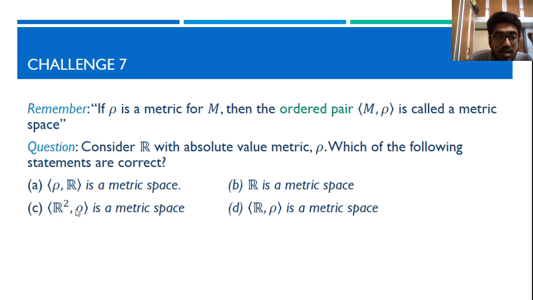So rho cannot be a metric on R square, the plane. That's why option C is not correct. M comma rho is a metric space only if rho is a metric on M. For rho to be a metric on M, the domain should be M cross M. So I hope it's clear.